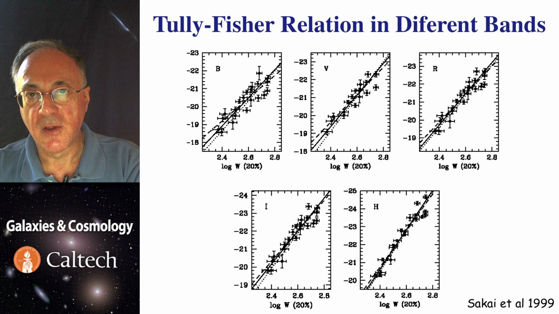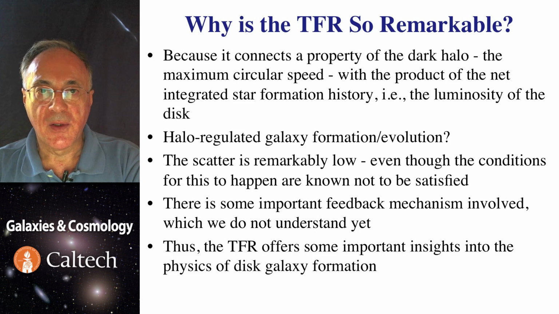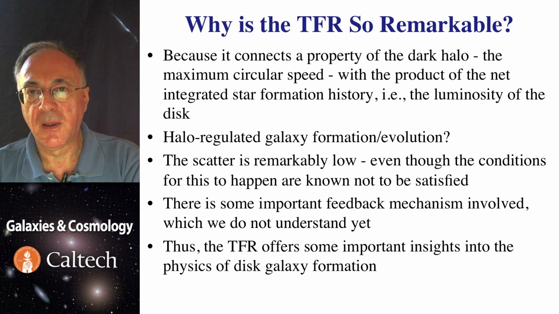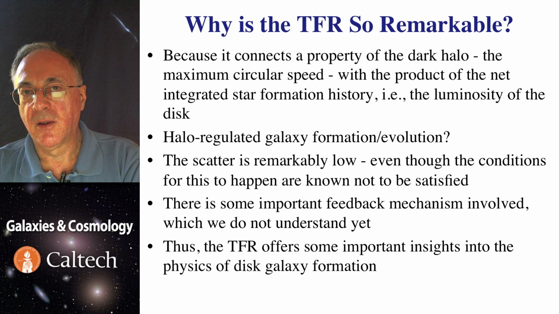The slope also changes, and that's a slightly different story. And the reason why this is so interesting is that circular speed is basically a property of the dark halo, and luminosity is a product of the integrated stellar evolution in a galaxy over Hubble time. So somehow, dark halo mass seems to regulate the star formation history of a galaxy.